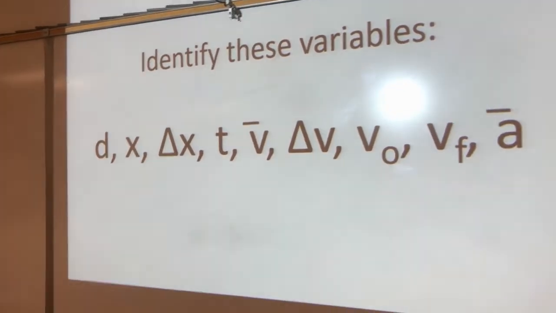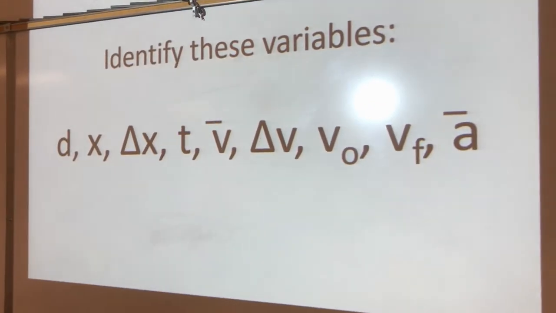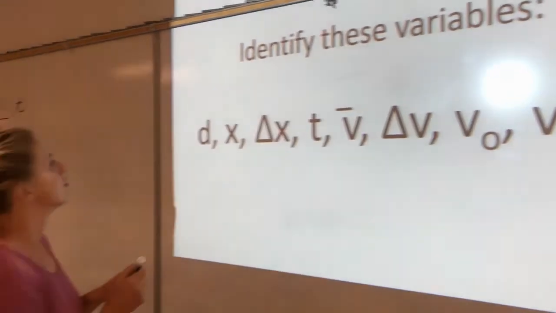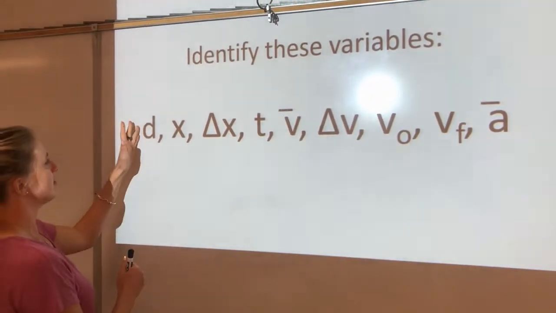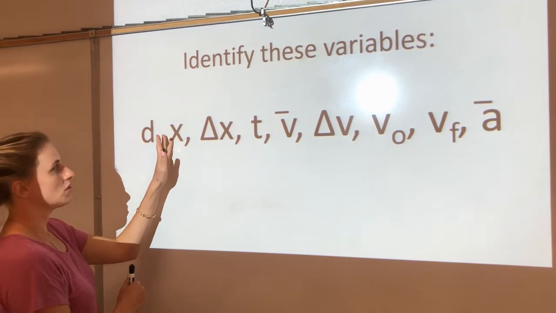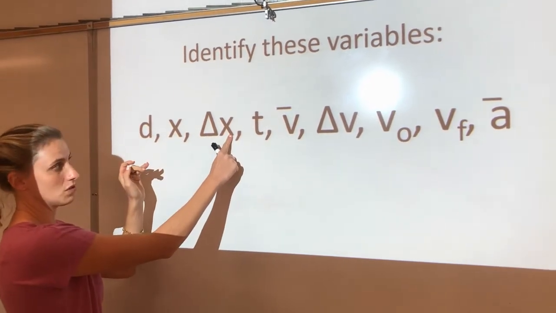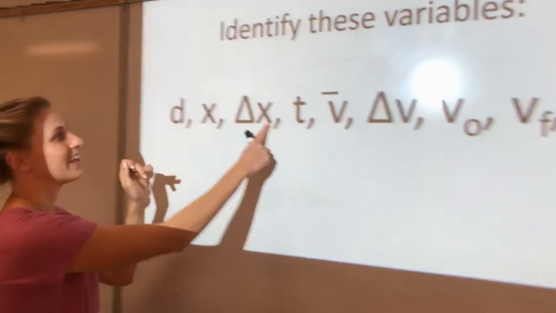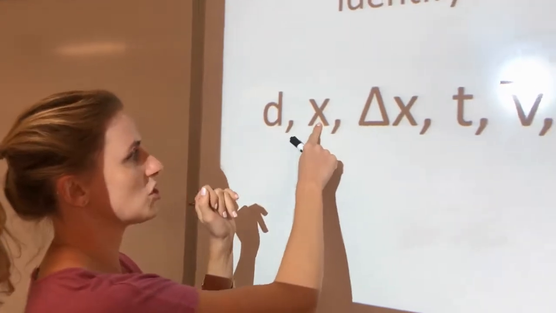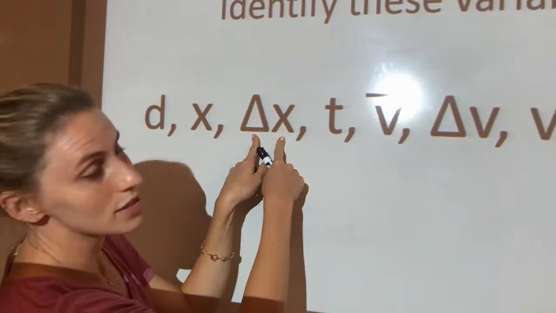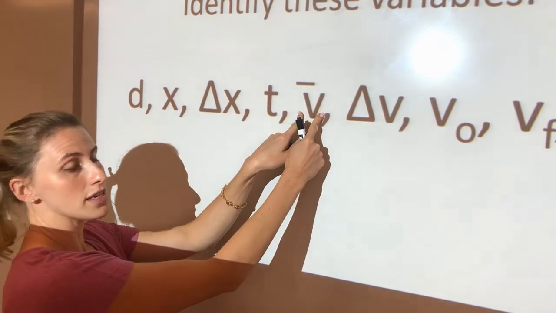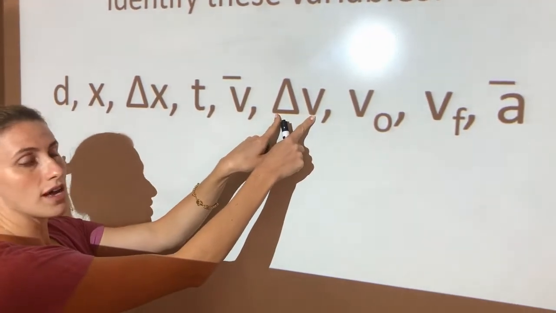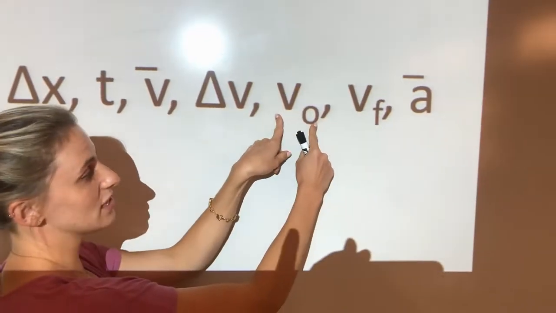Now that you've written this down in your notebook, what do we call these? I want you to label these in your notebook. We've got distance, position, change in position, which is also called displacement, time, average velocity, the change in velocity, and instantaneous velocity.